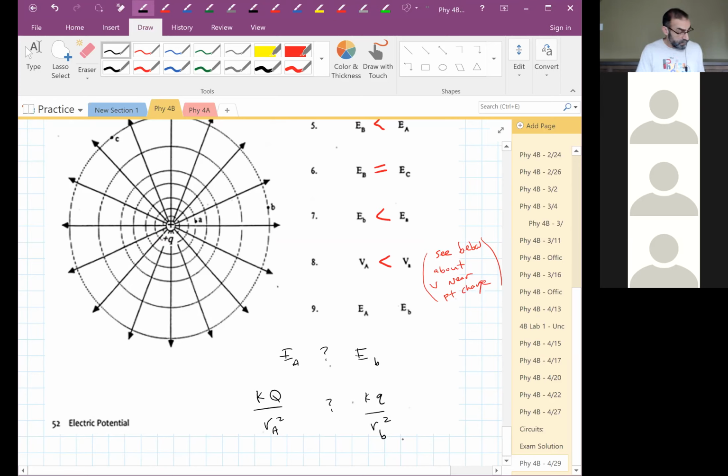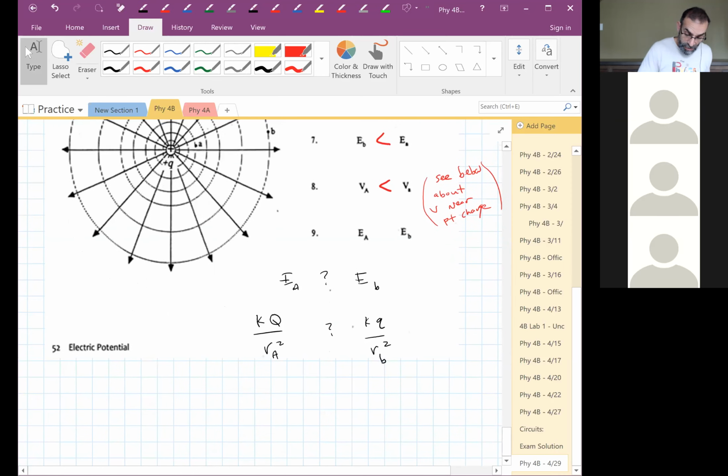And we know, what do we know? We know little q is equal to twice capital Q, right? You have to count the field lines, but one has twice as many.